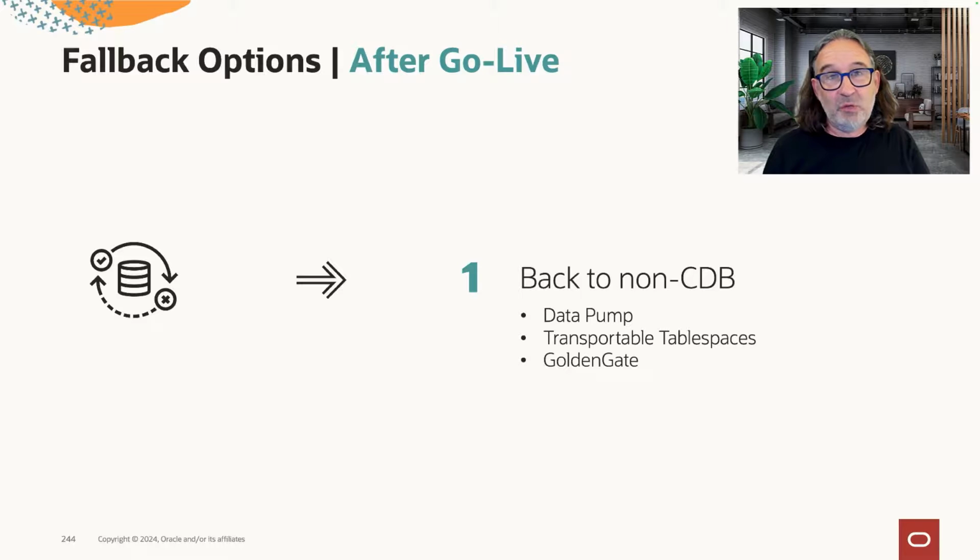Another option, if you haven't upgraded, is transportable tablespaces. Transportable tablespaces can go same version or higher version, but never lower version. And if you require minimal downtime for that, then Oracle GoldenGate needs to be used on top of either technique.